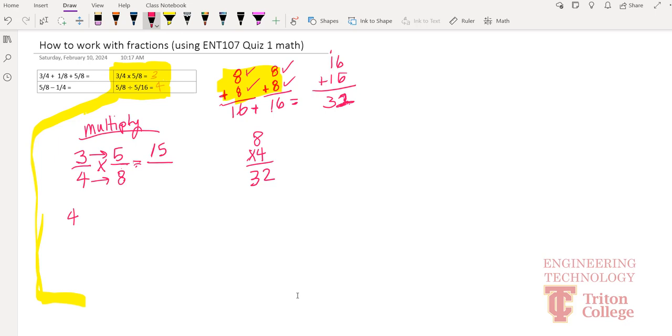Stuff related to money, 100% stuck in my head. But when it comes to stuff like this, where the numbers are not money, like it's not dollar bills, it's not $5 bills, it's not $10 bills, it's not $20 bills, it didn't quite stick in my head. So if it didn't stick in your head, probably because there wasn't money involved. Somehow, when there was money involved, it stuck in my head.